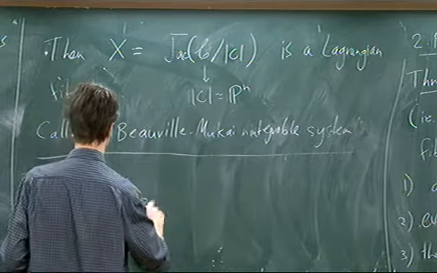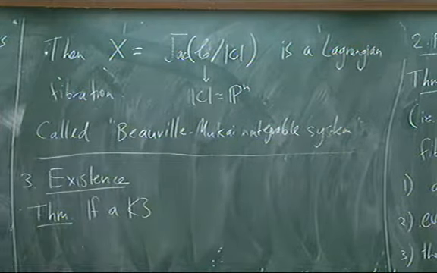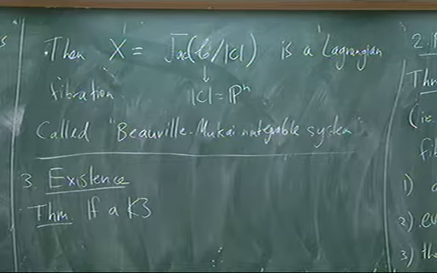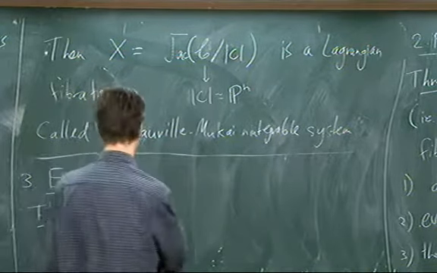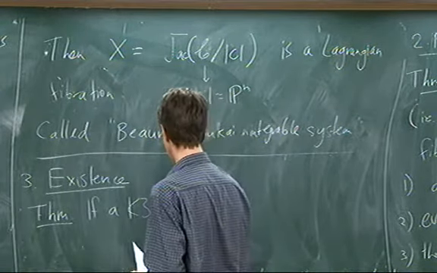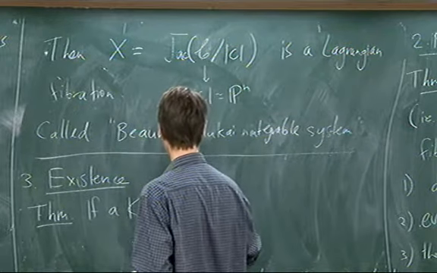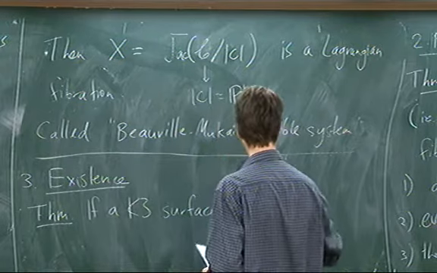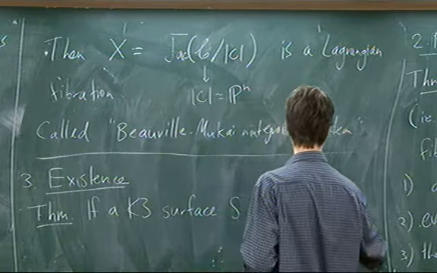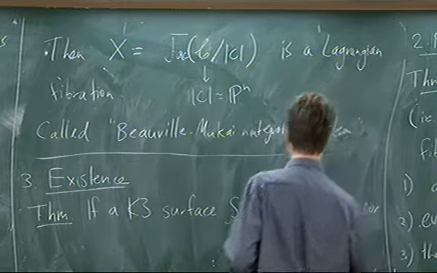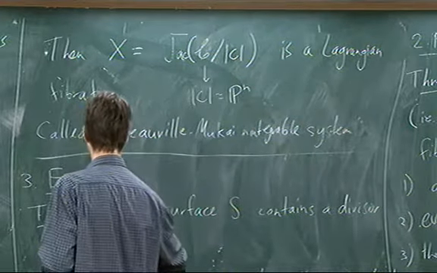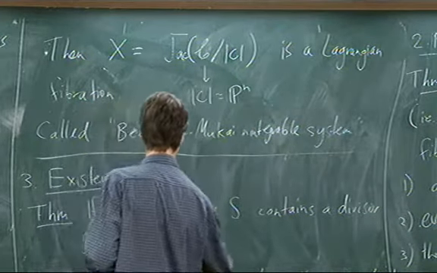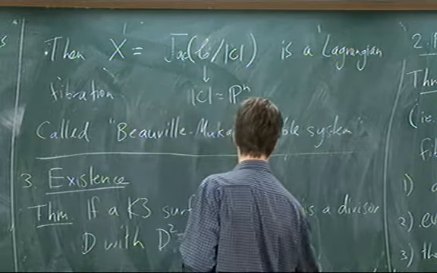And here there's a theorem. This is, I guess, from the 60s and 70s and due to Kodaira, Shafarevich. It sort of comes out of the classification of complex surfaces. So if a K3 surface S contains a divisor D whose square is 0, then S is elliptic.